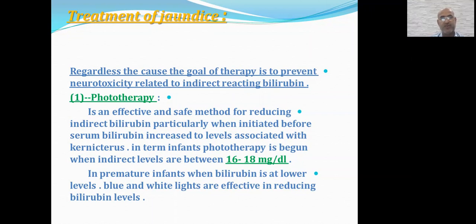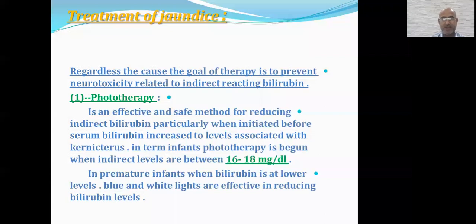We start with phototherapy. It's an effective and safe method for reducing indirect bilirubin, but it should be initiated before serum bilirubin increases to a level associated with kernicterus. Simple and effective. In a term infant, phototherapy is begun with the indirect level between 16 and 18 milligrams per deciliter.